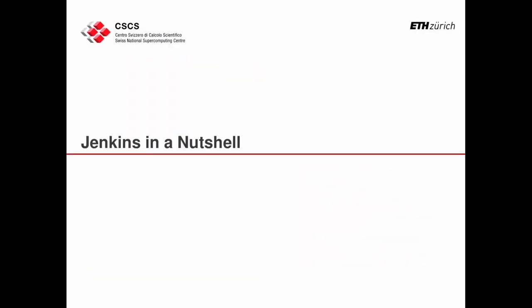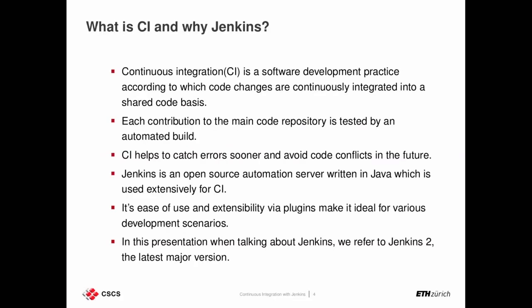So I'll start by talking about what Jenkins is and what continuous integration is in general. Continuous integration, from a software development perspective, is a practice according to which the code changes that happen in the code base are continuously integrated into the shared code base in the master branch.